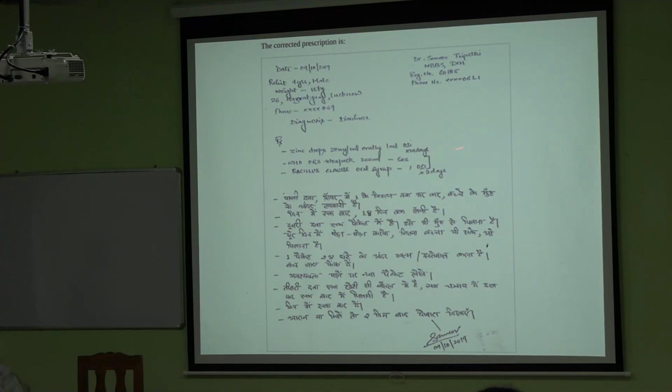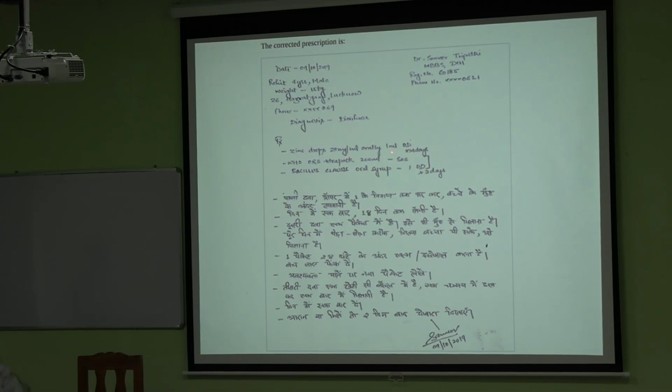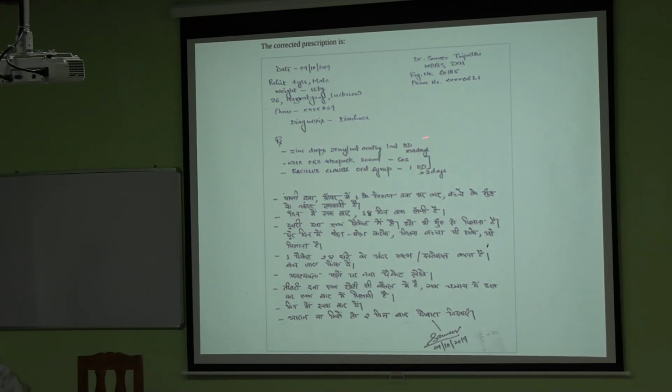You should not write OD, write once daily. If it is 20 mg per ml, orally 1 ml once daily, then it is fine. But if you are writing 20 mg per 5 ml, then you adjust the dose accordingly. It has to be given for 14 days.